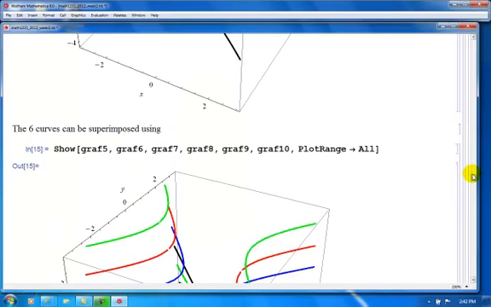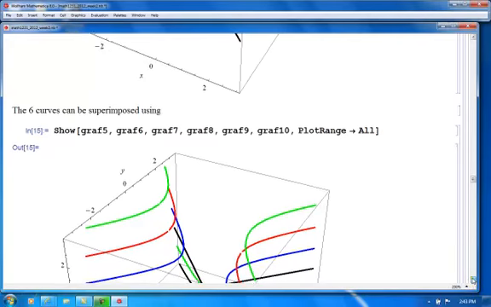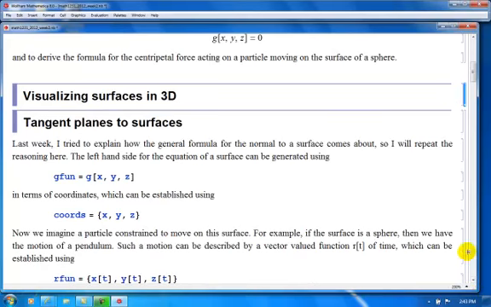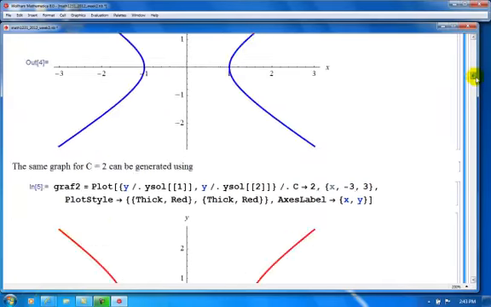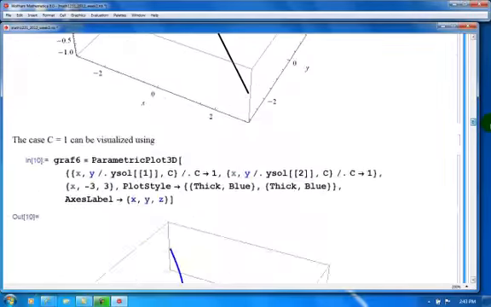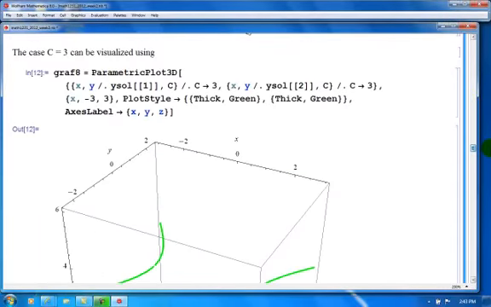And that's what they look like. Let's get that one back again.